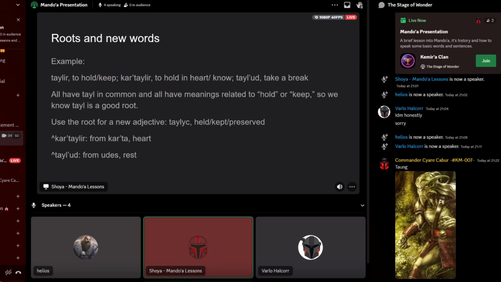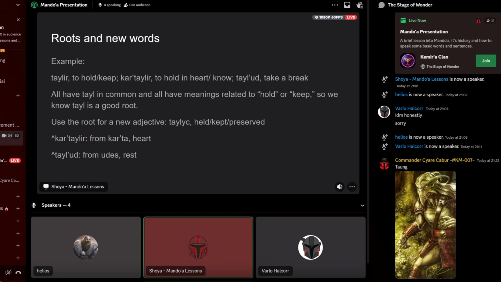It's used in a lot of phrases, but also in a lot of compounds. Some compounds are phrases that have been shortened, and some are just words. These next two, kartailir and tailud, come from phrases.